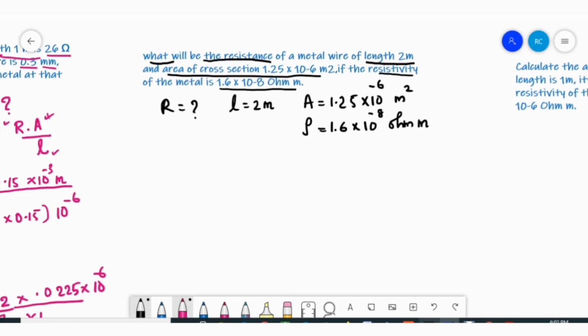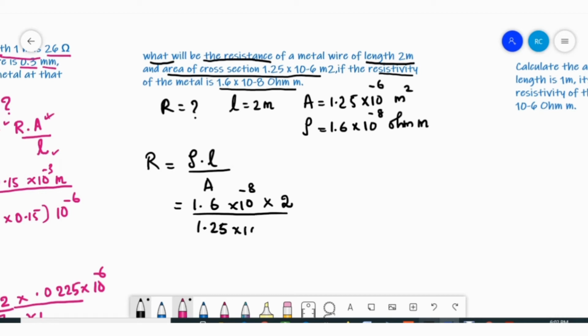So resistance is equal to, we have the expression, resistivity into L by A. Now resistivity is 1.6 into 10 to the power of minus 8. L is given as 2 and the area of cross section is given directly, that is 1.25 into 10 to the power of minus 6 meter square.